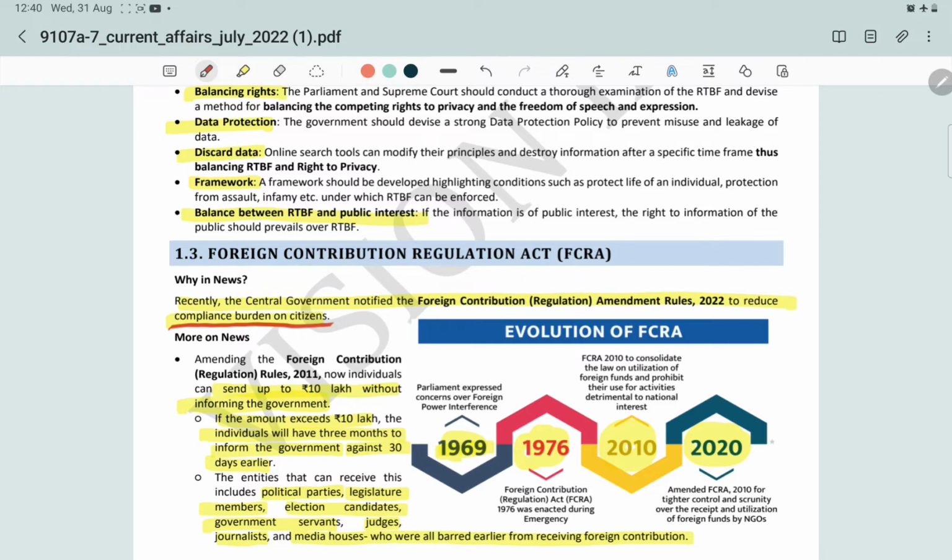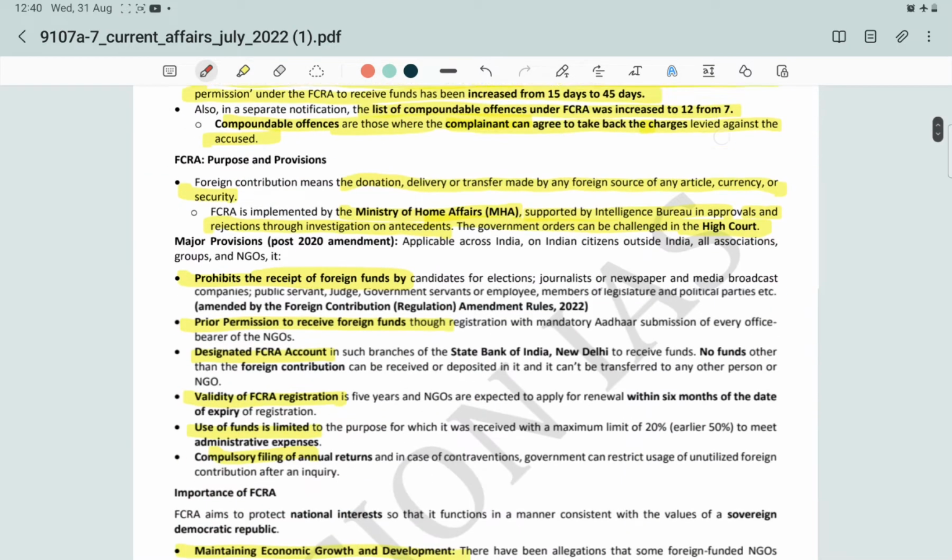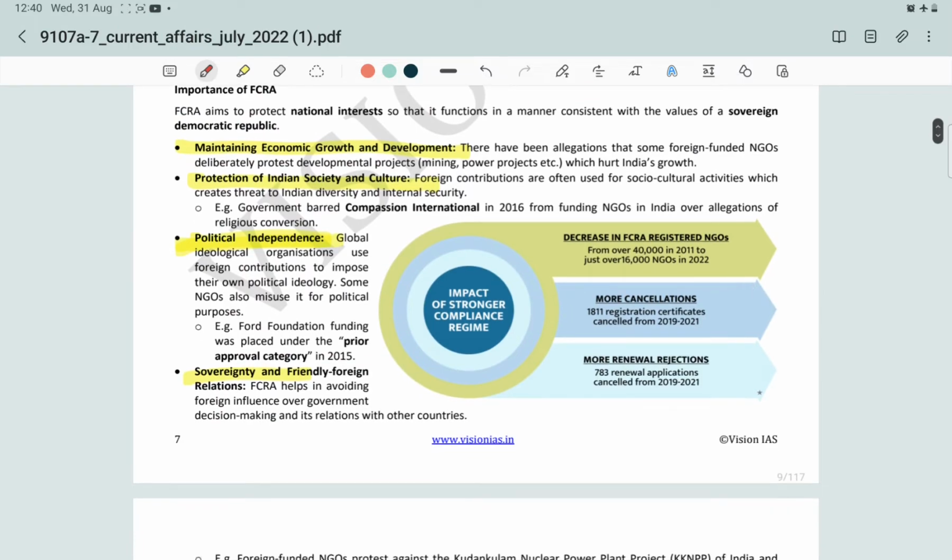Here is some data on the impact of a stronger compliance regime. As per the data, there was a decrease in FCRA registered NGOs after the stronger compliance regime of FCRA, from 40,000 NGOs in 2011 to just over 16,000 NGOs in 2022.